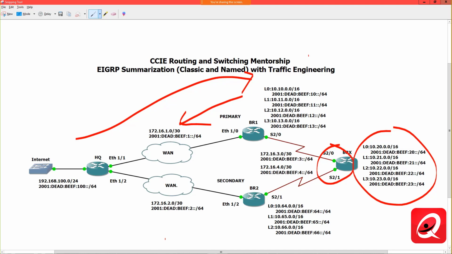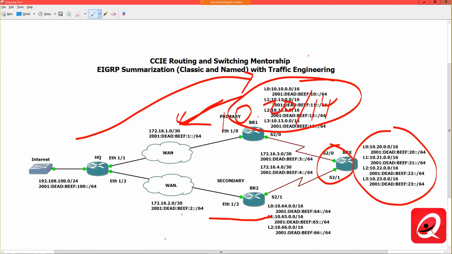But let's say that I am advertising a 10.20/14 in this case. So I'm advertising a summary out that interface, and I'm not summarizing on BR2, which means each of these individual routes are going to be sent over to the HQ router on BR2.